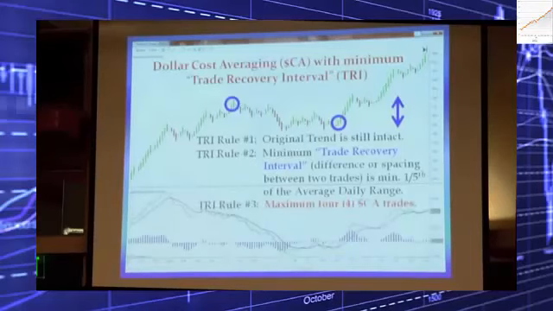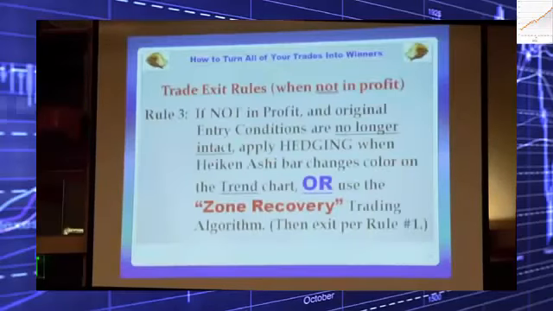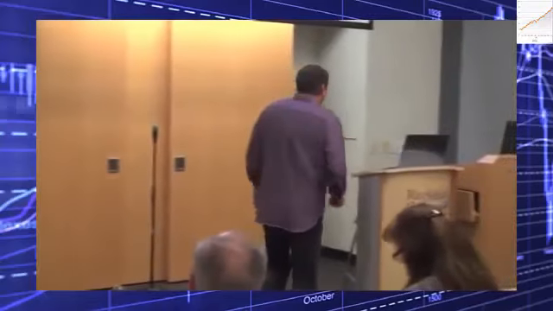And you've got maximum 4 additional trades after the first one, right? That's the 5/5. So trade exit rules. If not in profit and original entry conditions are no longer intact, apply hedging, and when Heikin-Ashi bar changes color on the trend chart.